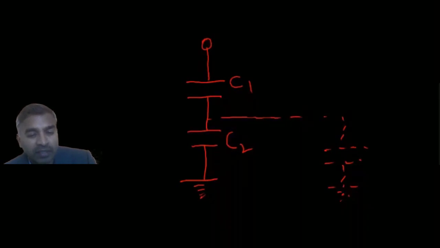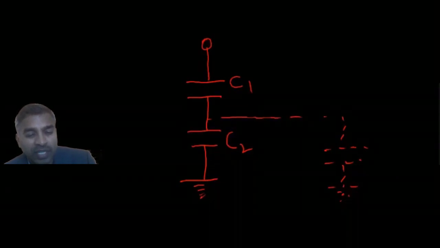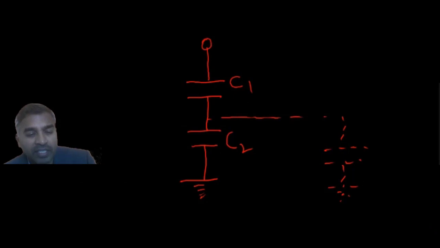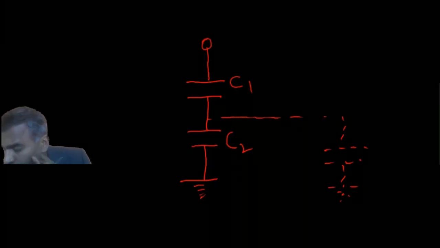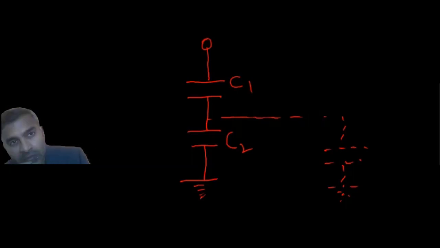But can I connect an uncharged divider directly to a high voltage DC? No, so resistance is not there, so it will charge suddenly.